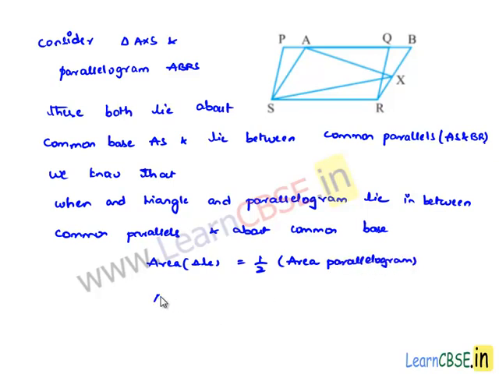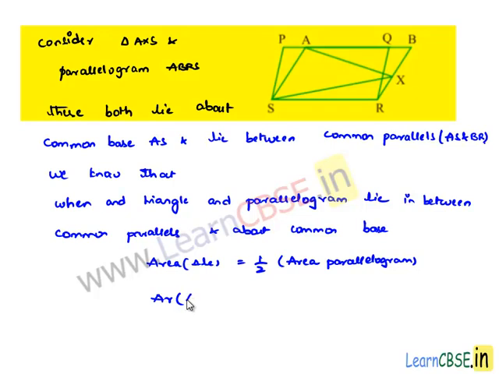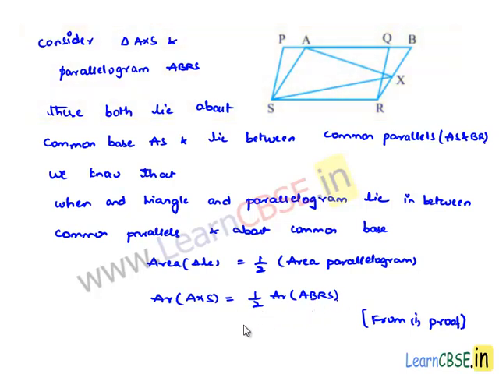That is, here area of triangle AXS is equal to half times area of parallelogram ABRS. Now from the first proof we can say that area of parallelogram ABRS is equal to area of parallelogram PQRS. Therefore area of triangle AXS here becomes half times area of parallelogram PQRS. This is what our second proof required.